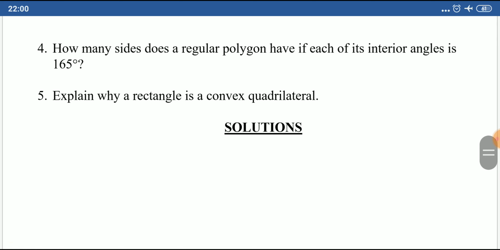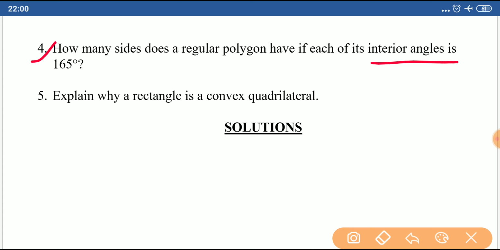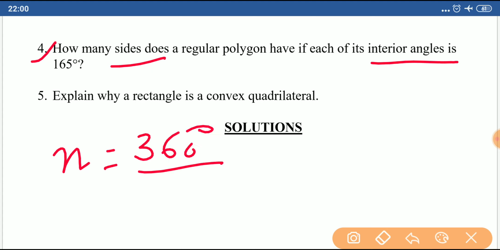Now question number 4. How many sides does a regular polygon have if each of its interior angles is 165 degree? So you have to find the number of sides. So to find the number of sides, you have to divide the sum of 360 degree by the exterior angle. Okay. But interior angle is given.